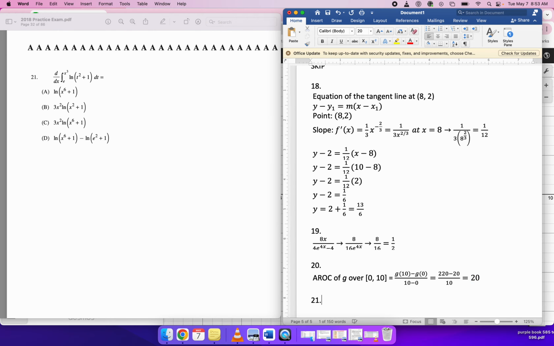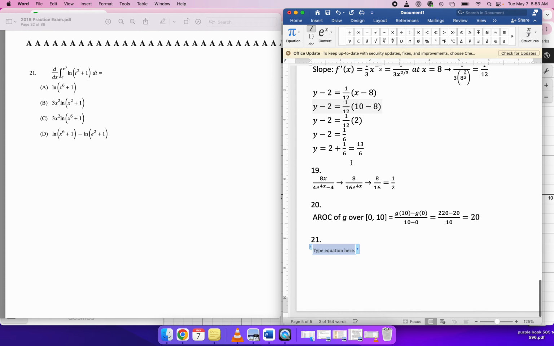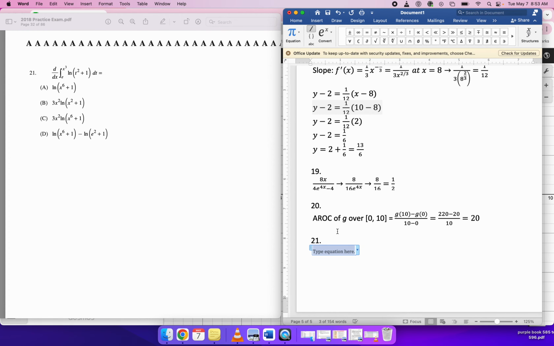21, d dx of this integral function. Basically, this is the second fundamental theorem of calculus. You're just going to plug x cubed into this function, so you get natural log of x cubed quantity squared plus 1.